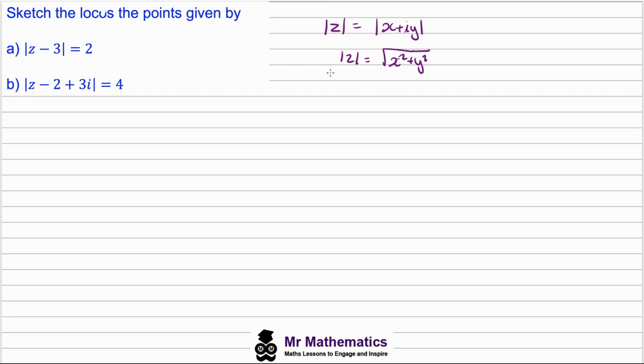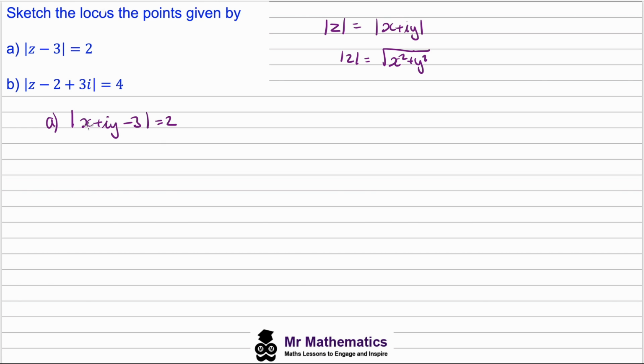Okay, so for example A, we're going to find the Cartesian equation of this equation, and then we're going to sketch the locus from that. So for question A, if we replace this z with the x plus iy form, then we've got the magnitude of x plus iy minus 3 will equal 2.